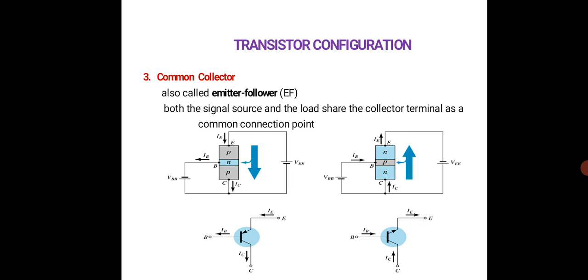Here both the signal source and the load share the collector terminal as a common connection point. Down over here there is IC, the current flow, which in the PNP transistor you can see as an outward current flow, whereas in the NPN transistor you can see an inward current flow. So the collector is common to both base and emitter.